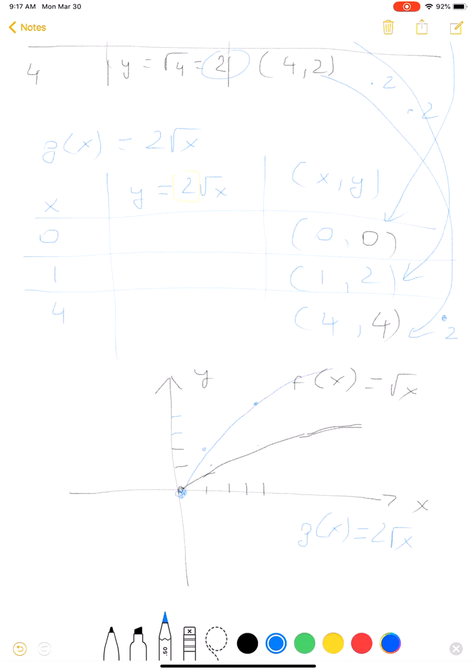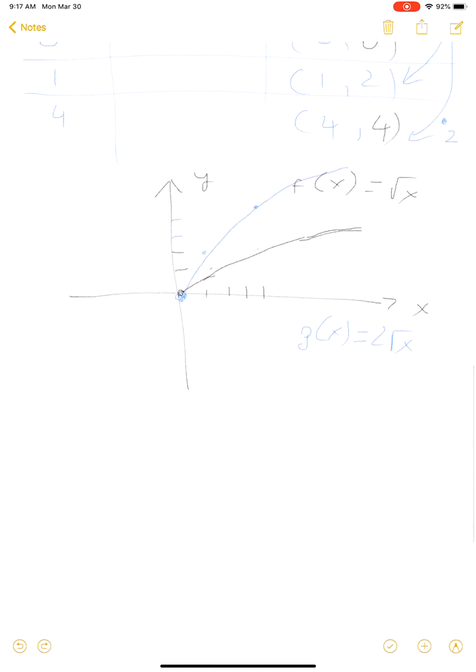So you see with vertical stretch, the graph is getting closer to the y-axis. So this is vertical stretch.